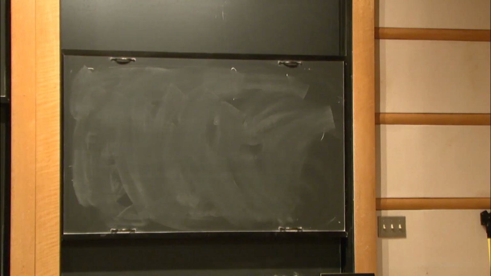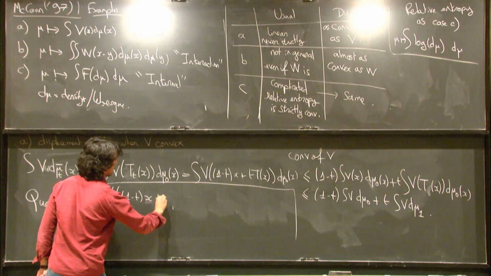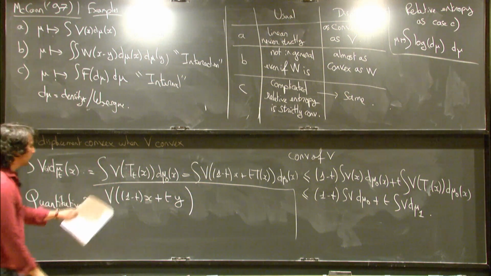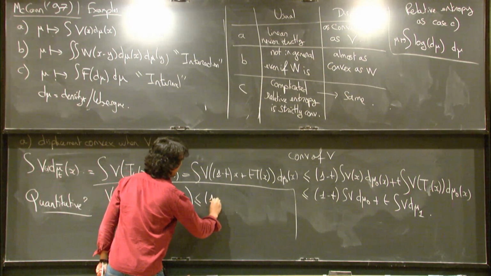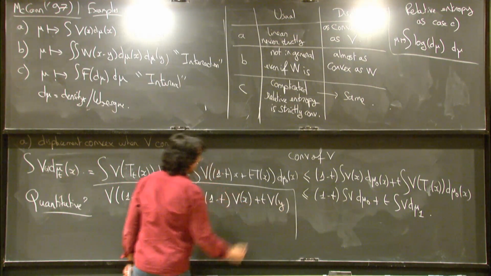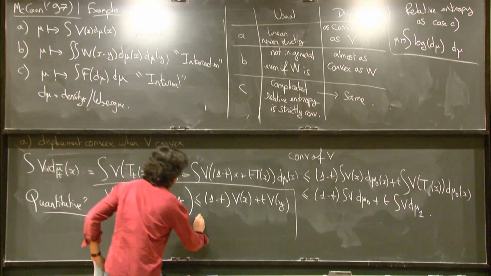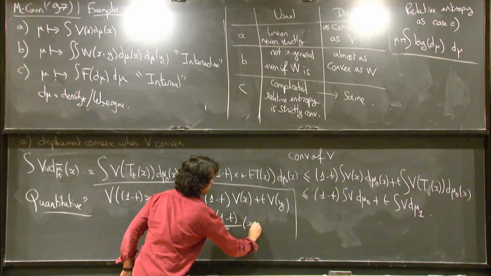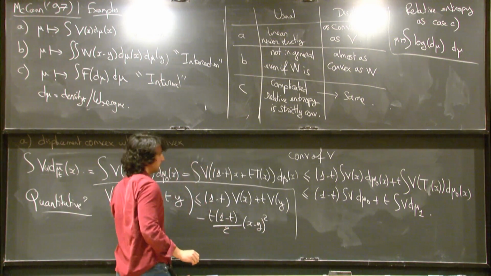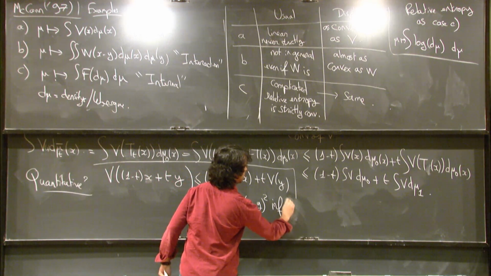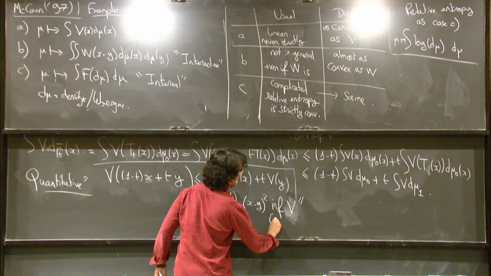Well, there is always this: if V is convex, you can always write this is at most (1 minus t) V of x plus t V of y, and then there's a gain times the infimum of the second derivative of V on the segment xy.